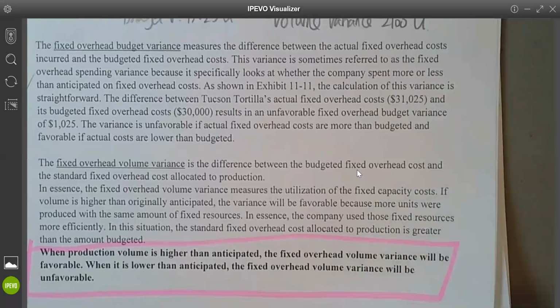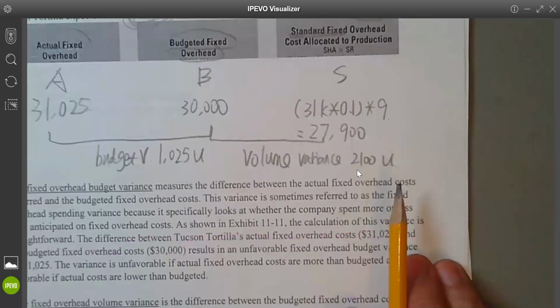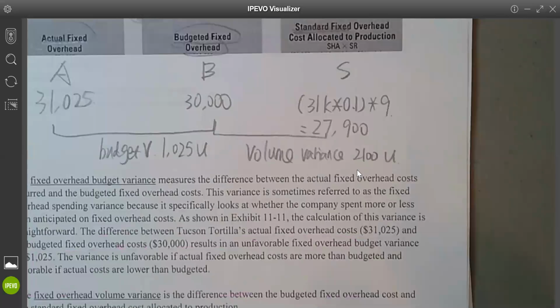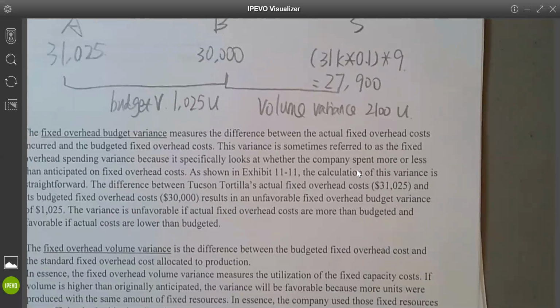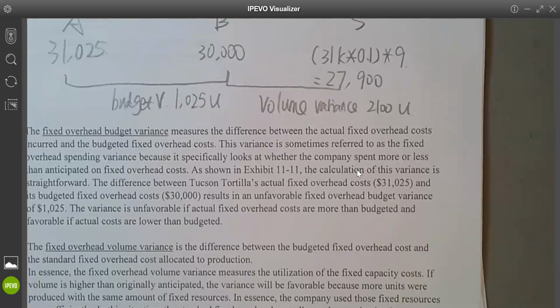So how do we interpret this unfavorable volume variance? You just need to interpret that your actual volume production is less than your budgeted volume, your anticipated volume, given the same amount of fixed manufacturing overhead.